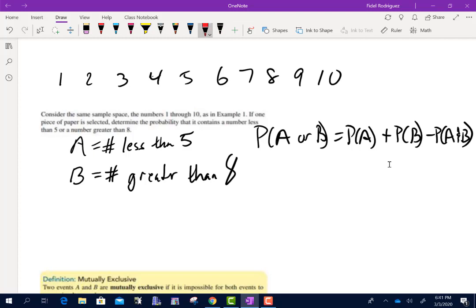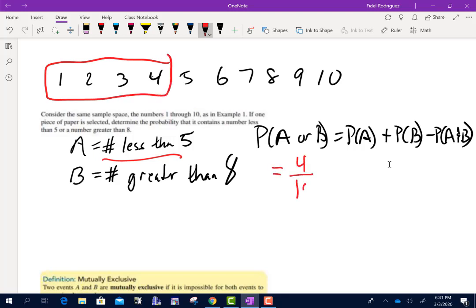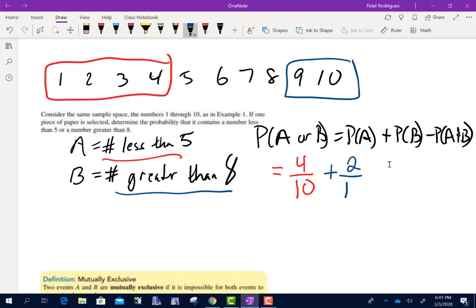Okay. So, first part, numbers less than 5. There are 4 of them, so 4 out of 10. Now, next part, numbers greater than 8. Plus 2 of them.